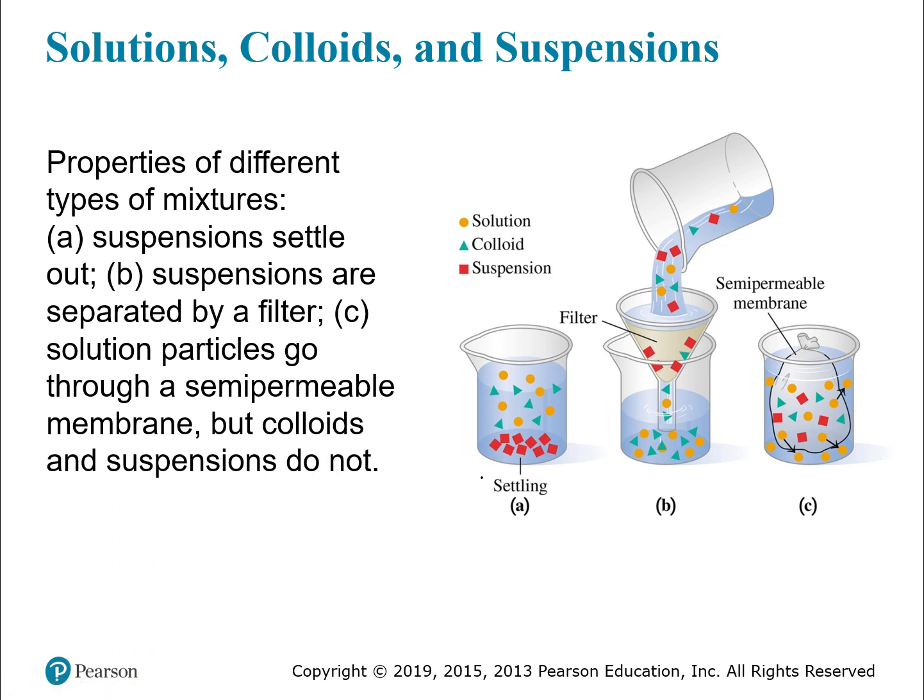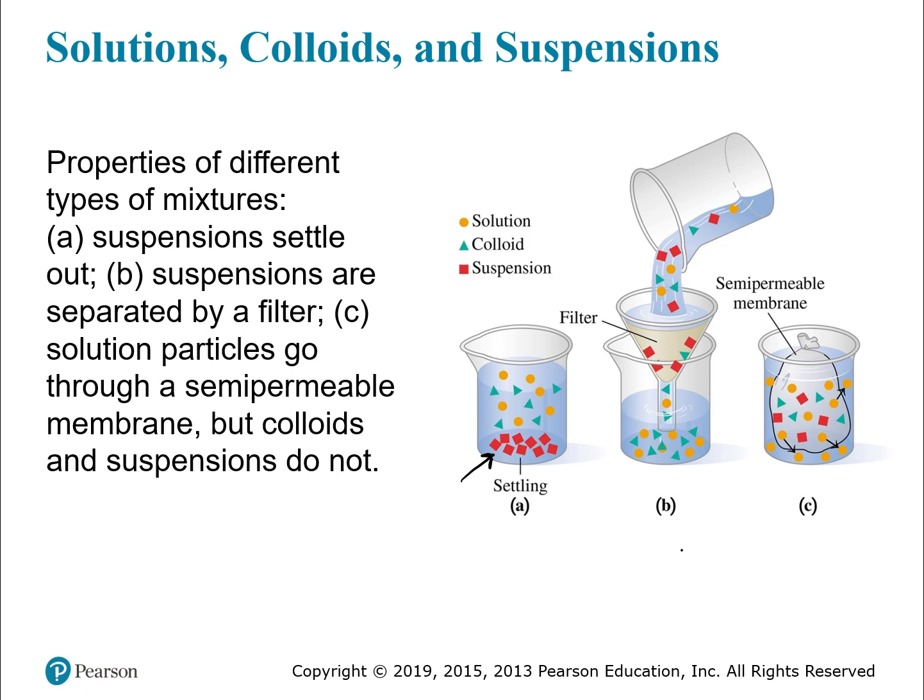So if you have settling, that's going to be at the bottom, right? That's A, where you've got the red squares sinking down to the bottom. That's a suspension. If you can take that solution and filter it, you would get rid of the red squares because suspensions can be filtered just using filter paper. You'd be left with the small particles in the solution and the medium-sized particles in the colloid.